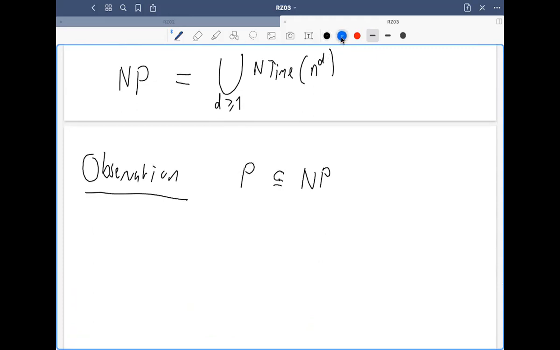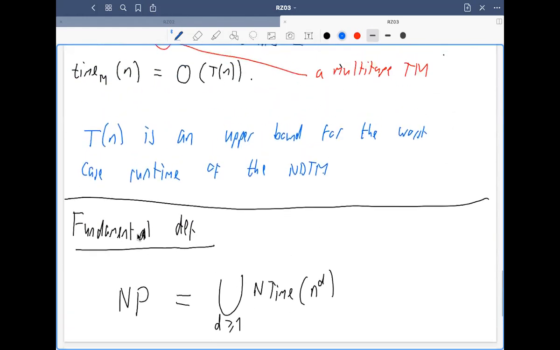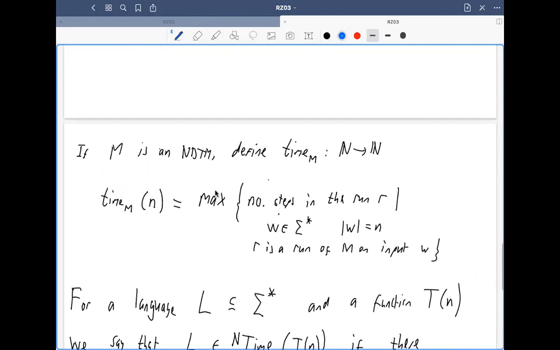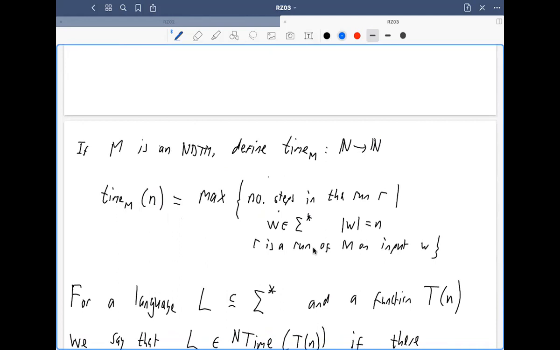The reason for this, well, can anyone tell me what the reason for this is? It follows from the definition, but why does it follow from the definition? Because every deterministic Turing machine is also a non-deterministic one. Exactly. So every deterministic Turing machine is a non-deterministic Turing machine. And for the deterministic machines, the time definition is the same, and the definition of deciding a language is the same.